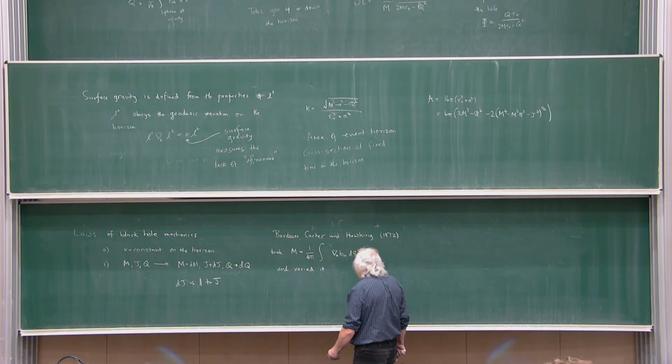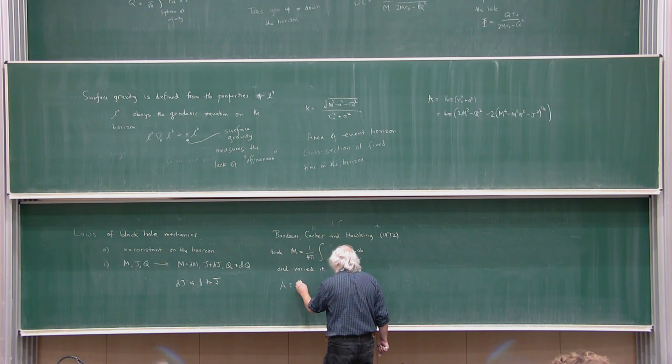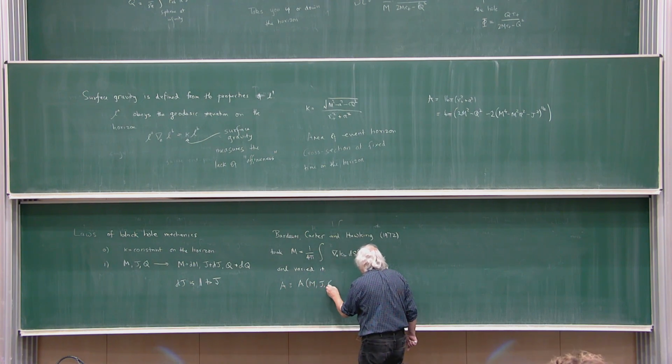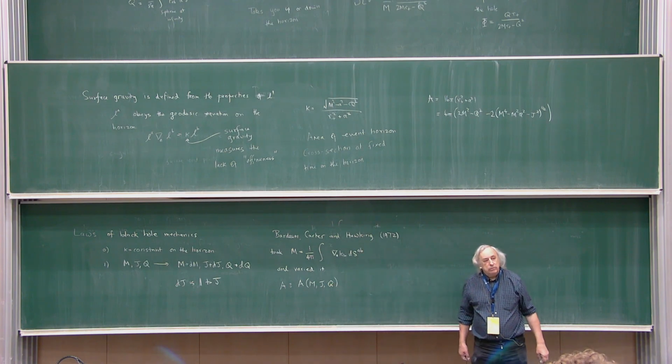We can take A as a function of m and j and q, and just simply use the chain rule to work out a dA.